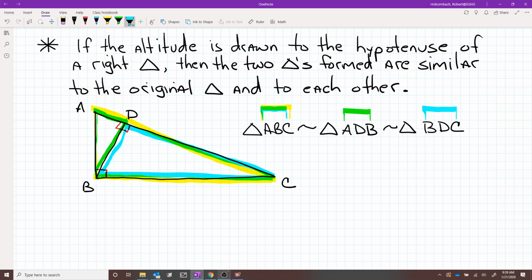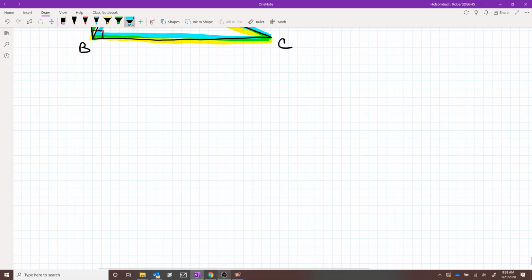Top of page 539. Right angle geometric mean theorems.